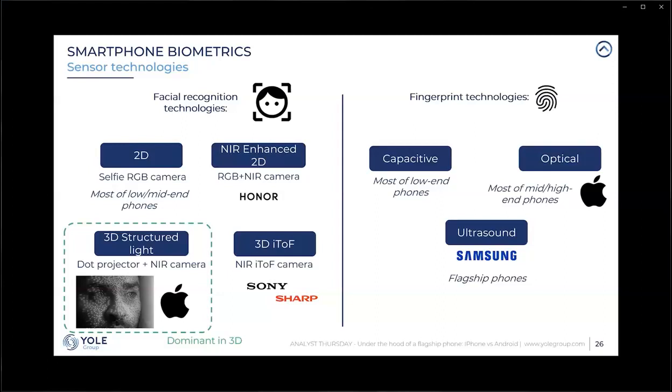Then we move toward the 3D approach. The 3D is better because there are fewer chances to spoof the system. For example, if you show a picture of you to the system, it will not unlock the phone. We catch the depth information of the scene to validate the authentication. In the case of Apple, what is used is the 3D structured light approach.